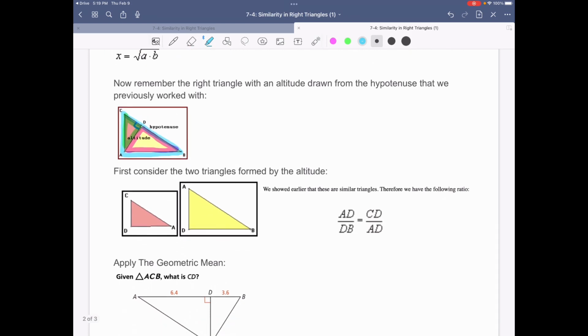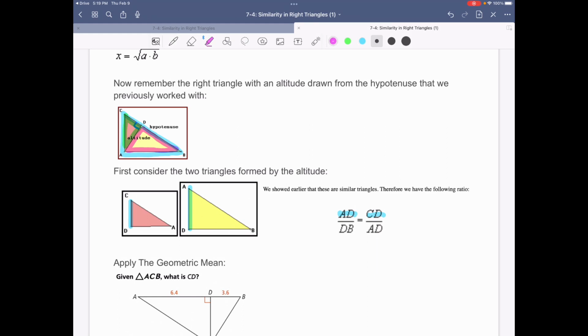So let's look at how the geometric mean is derived. We showed earlier that these are similar triangles, and therefore they have the following ratio. AD is similar to CD, and so we write that in the top of our proportion.